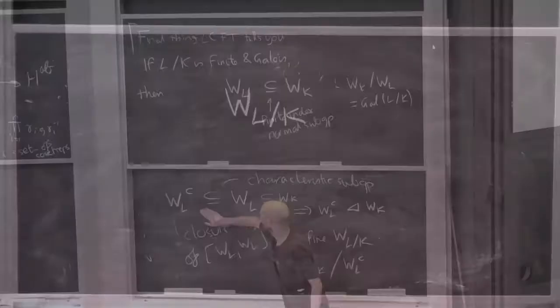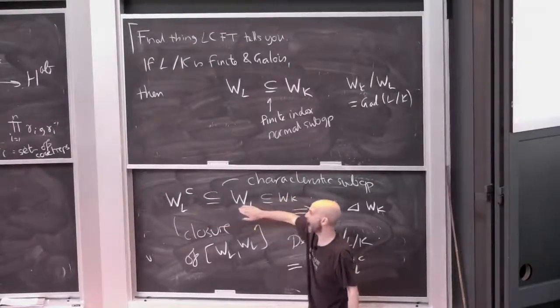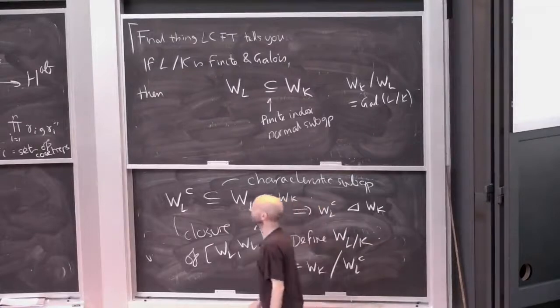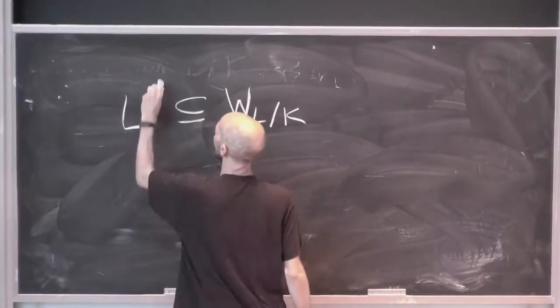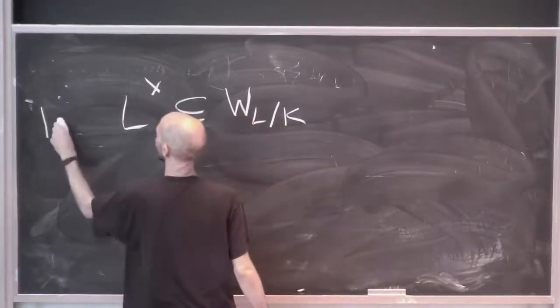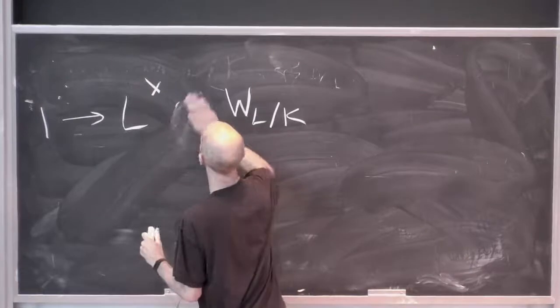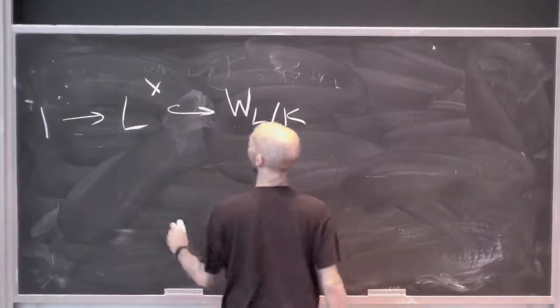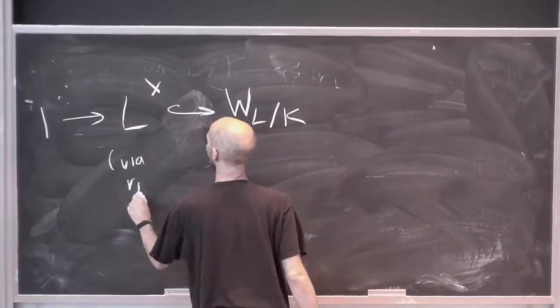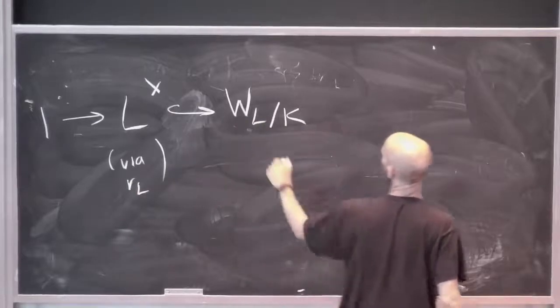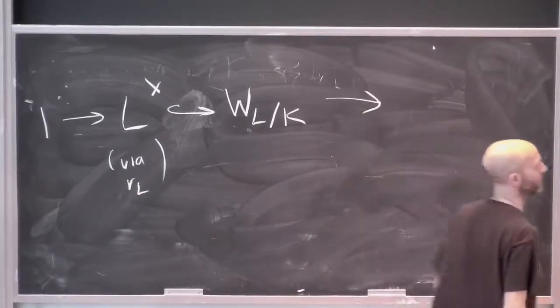And this quotient here, WL over WLC, that's WL ab, and so we know what that is. So W_{L/K} contains L star via the reciprocity map RL.